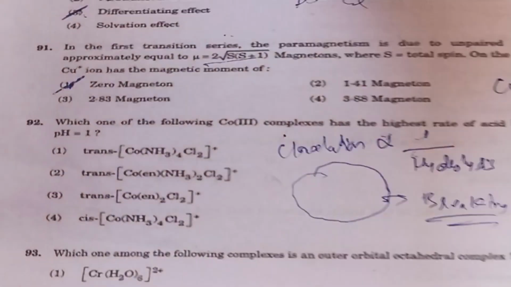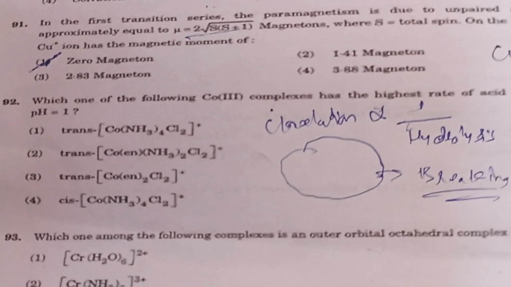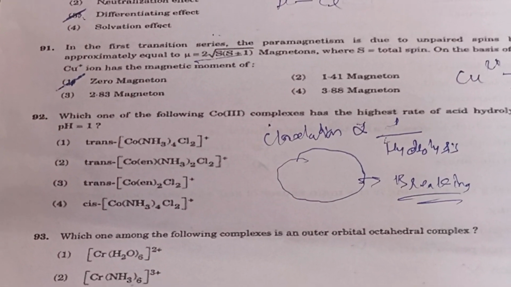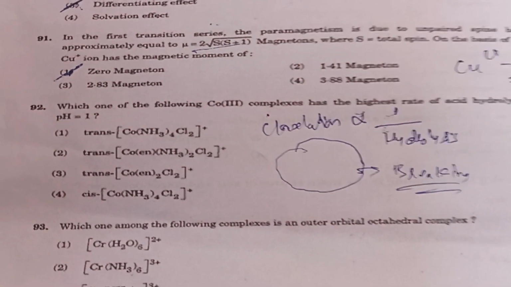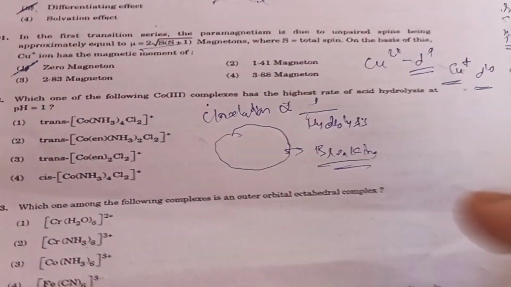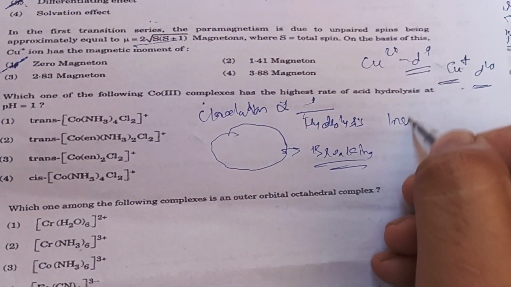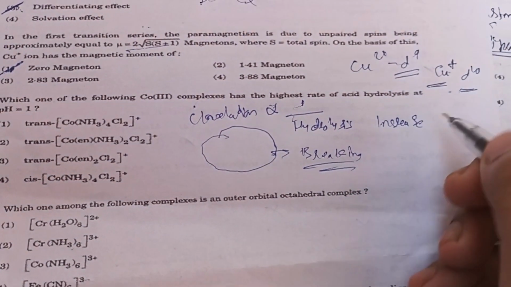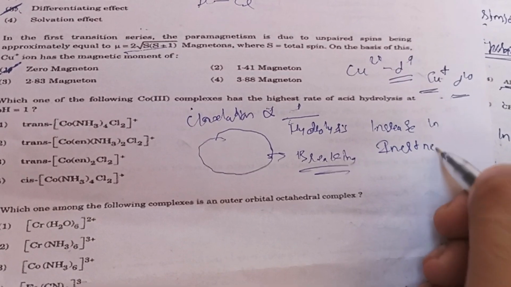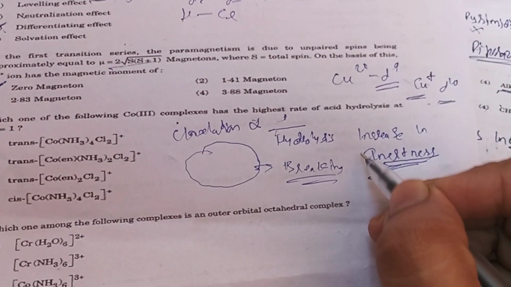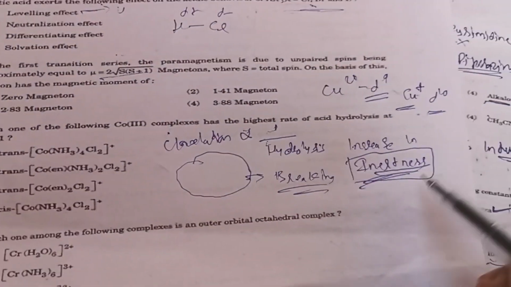For the diamines, more chelation will take place, and stabilization of the Co will also take place. Since there is stabilization of the complexes, there will be an increase in inertness. This is one of the important and main concepts.